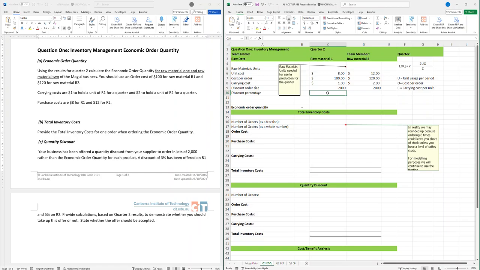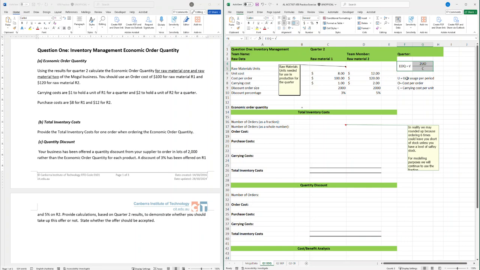And what's the percentage discount? A percentage of 3% for R1 and 5% for R2. There you go. So you have all this information here. Then we need to calculate using the formula that's given to you here: square root of 2 times your unit price, ordering a quantity, and C, which is your carrying cost.